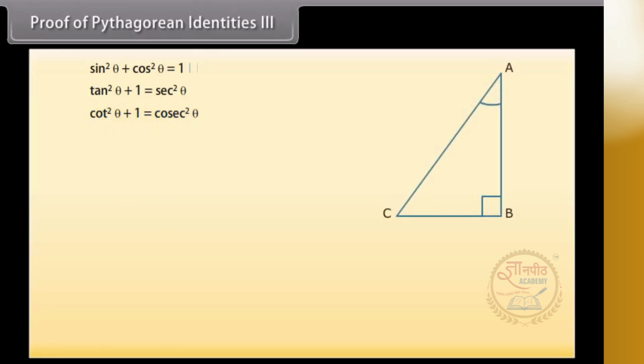Proof of Pythagorean identity 3. The last identity is cot square theta plus 1 is equal to cosec square theta. To prove this, we will again take a right triangle ABC. So, by Pythagoras' theorem, AB square plus BC square is equal to AC square.